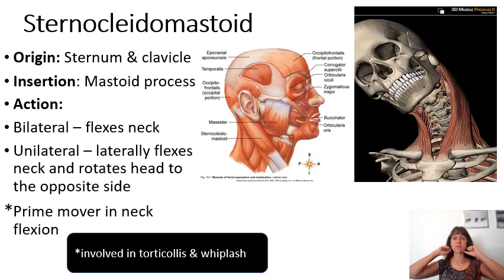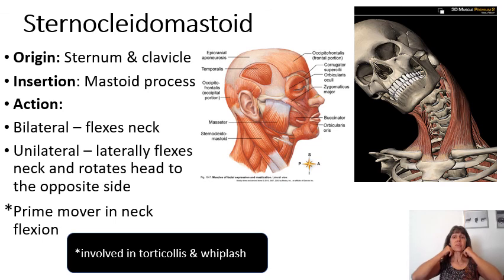When sternocleidomastoid works on both sides bilaterally, it causes flexion of the neck. If just one side of sternocleidomastoid contracts, it will laterally flex the neck and rotate the head away from the side that's contracting.